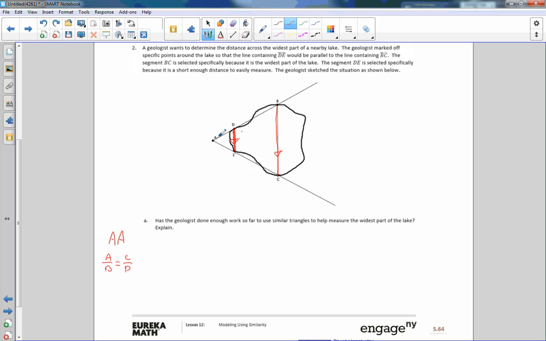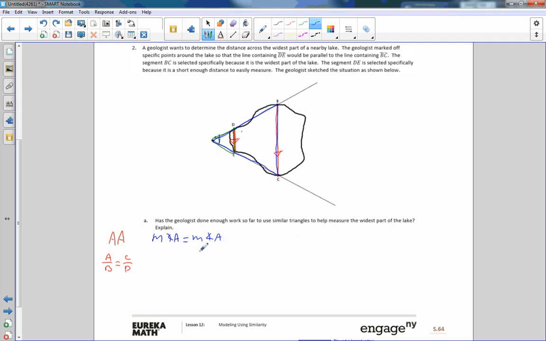Well, I know the measure of angle A is shared in these 2 triangles. So I have this triangle here, and then I have the bigger triangle here. So obviously, as you can see, the angle A is in both. So the measure of angle A equals the measure of angle A, obviously. Okay?